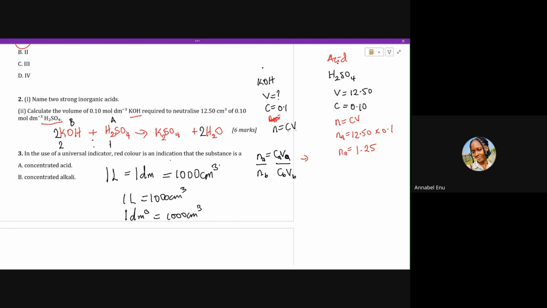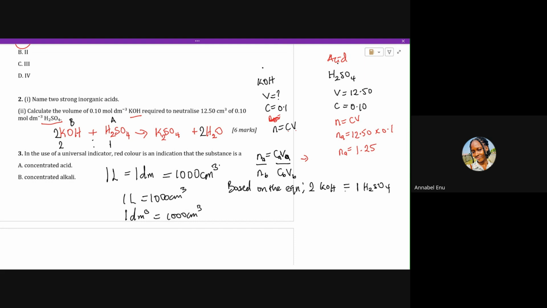Based on the chemical equation, 2 KOH gives us 1 H2SO4. That is to say, we require 2 amounts of KOH to get 1 H2SO4.